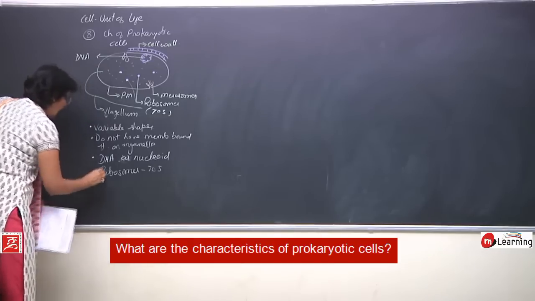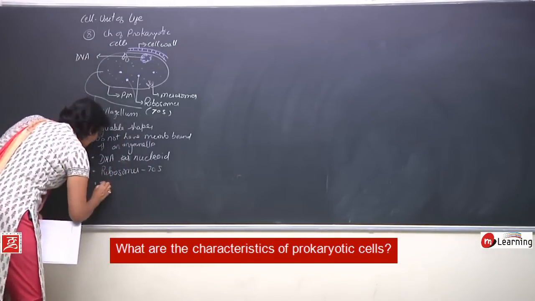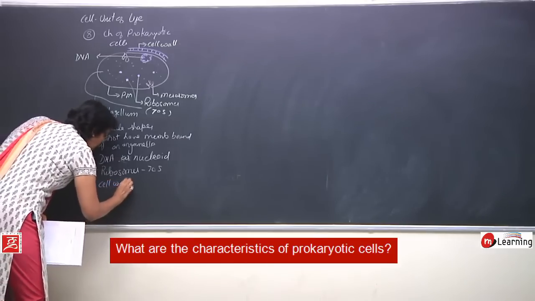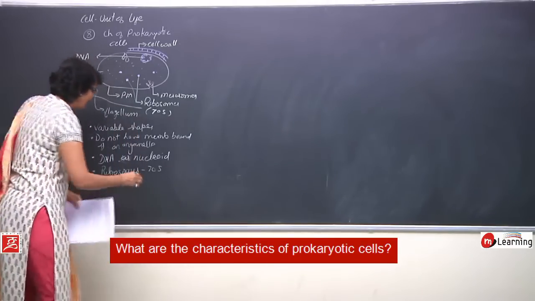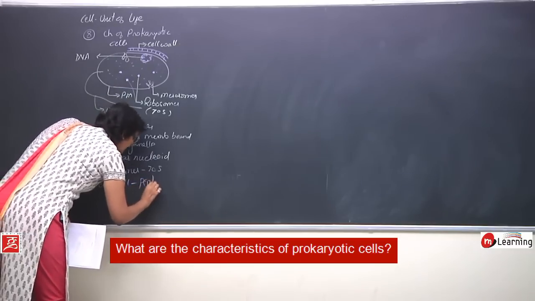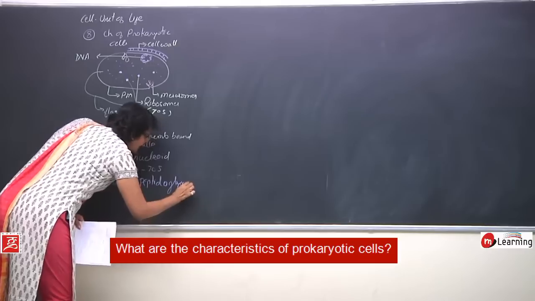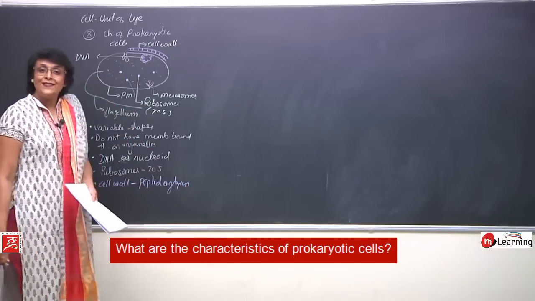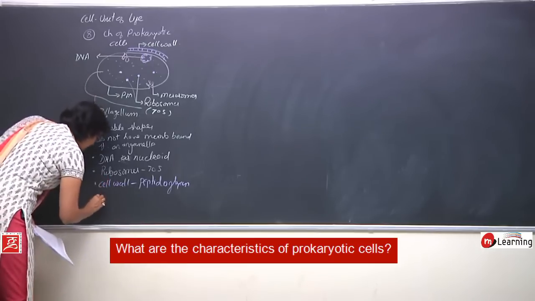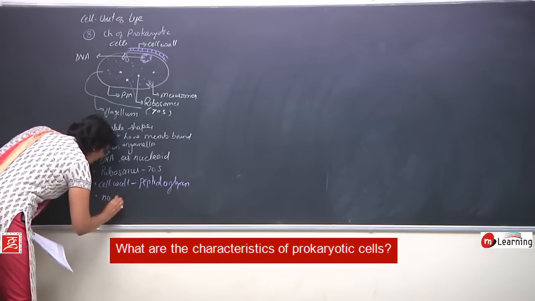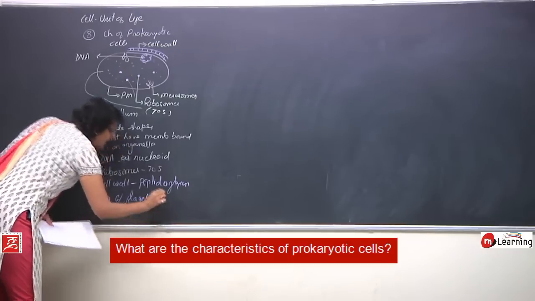Then outside the plasma membrane there is a cell wall. So, they have cell wall. And what is the cell wall made up of? It is made up of a substance called peptidoglycan. They may have flagella, they may not have flagella. If they have flagella, then the number of flagella is variable.